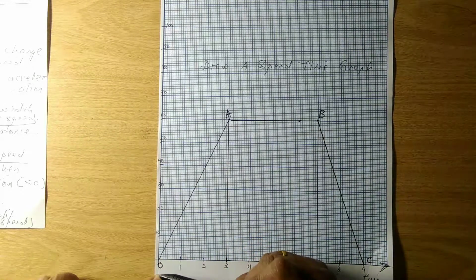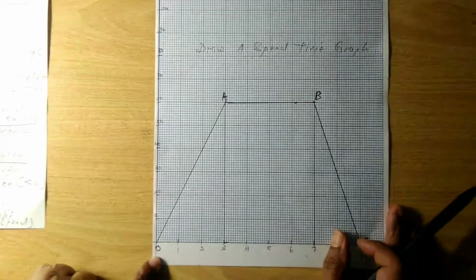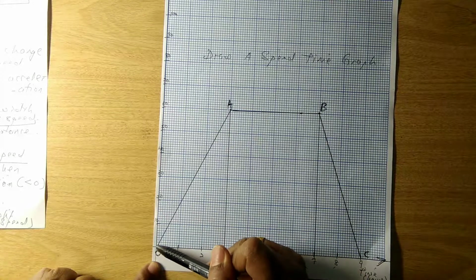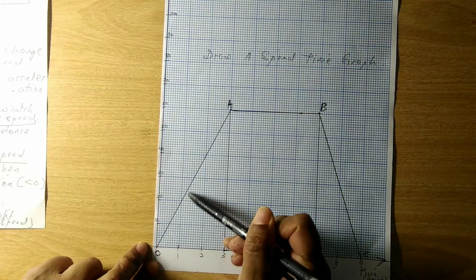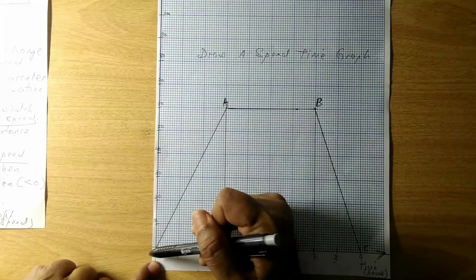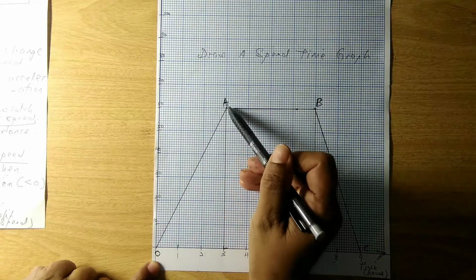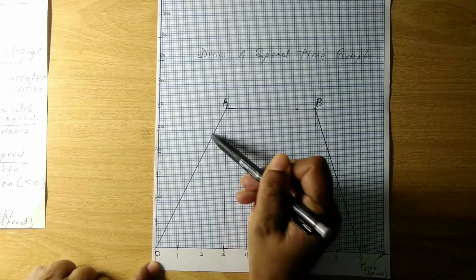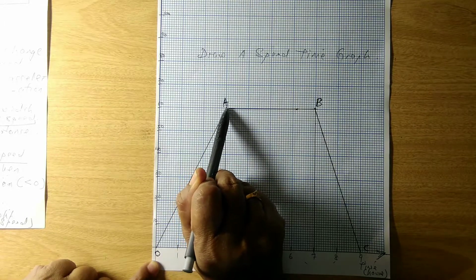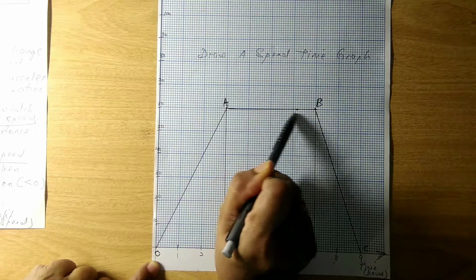At O, the particle starts to move, so the speed is increasing here. This is 10, 20, 30, 40, 50, up to 60. Meaning there's a change in speed. When it comes to A, the particle is moving with the same speed, or constant or uniform speed. So it's 60 all the way up to B.